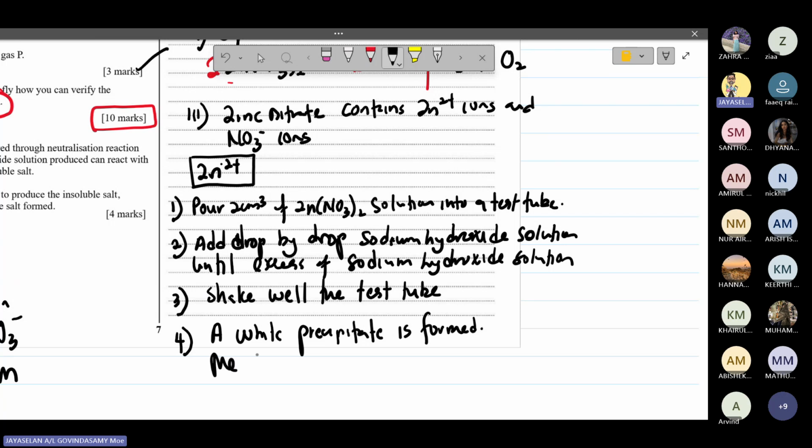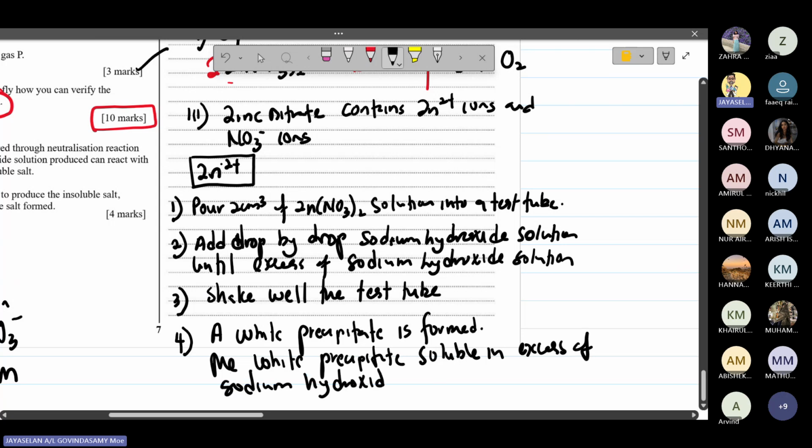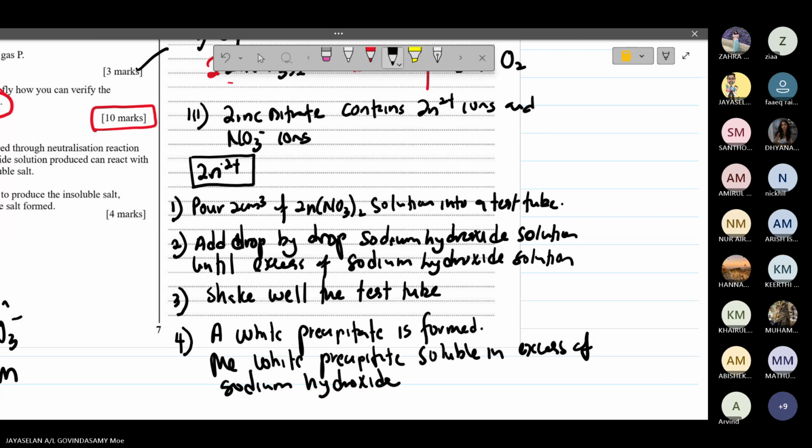Okay, next point, the white precipitate is soluble in excess sodium hydroxide. Any question? No question. Okay, so you already score 5 marks. Any questions so far?